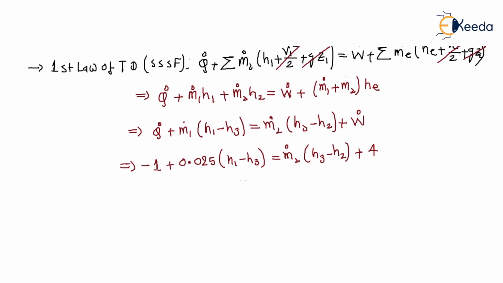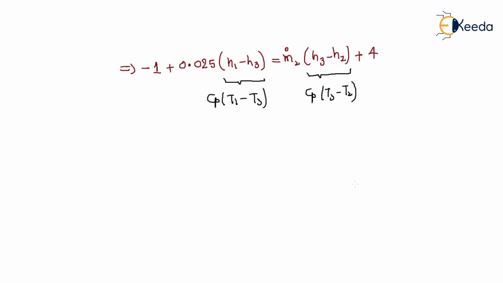Now H1 minus H3 is Cp times (T1 minus T3), and H2 minus H3 is Cp times (T2 minus T3).